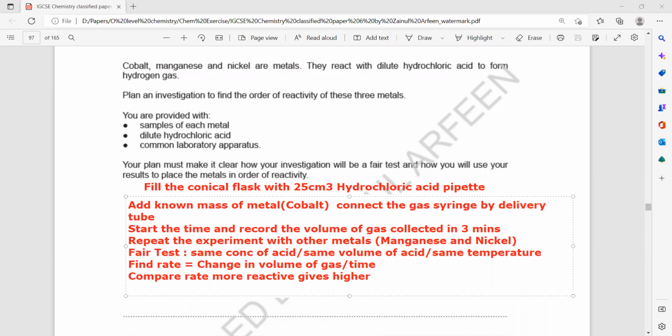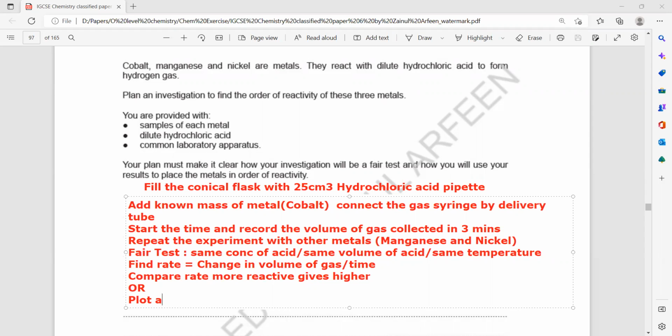Or if you want to compare, you can plot a graph between the volume. Can we mention always add excess of metal? You can mention that as well. But because we want to work out the initial rate, and using the initial rate we can work out which is more reactive, even if it reacts completely or does not react completely, that won't make much difference.